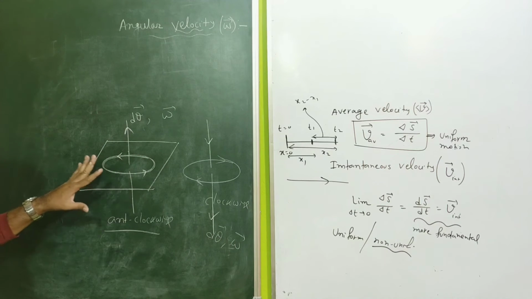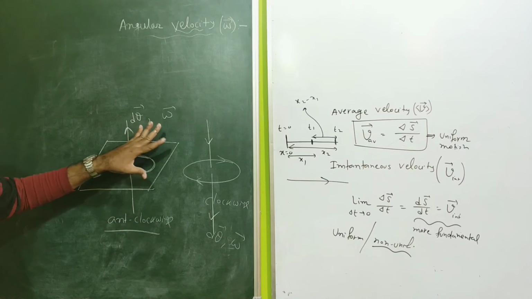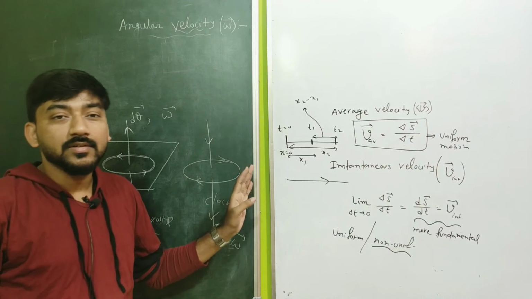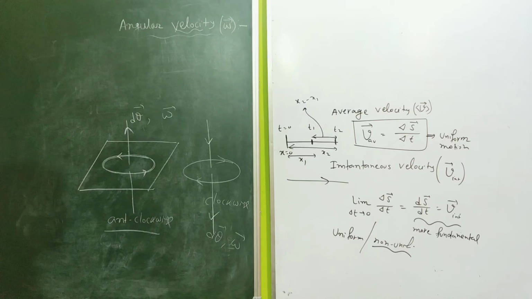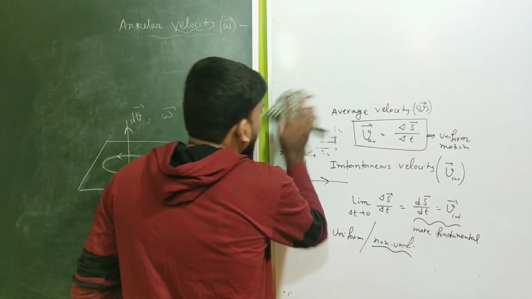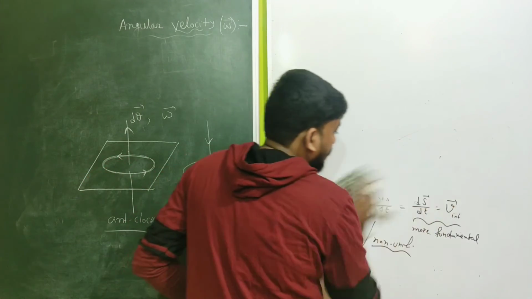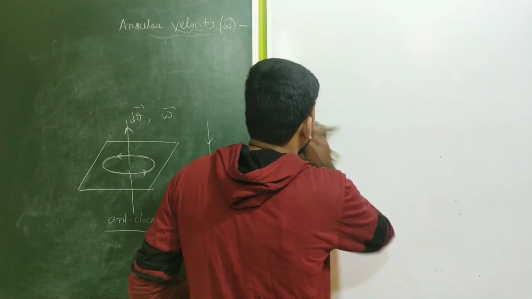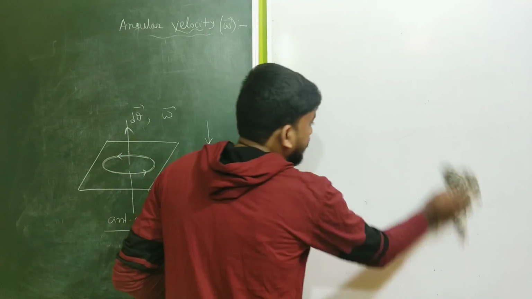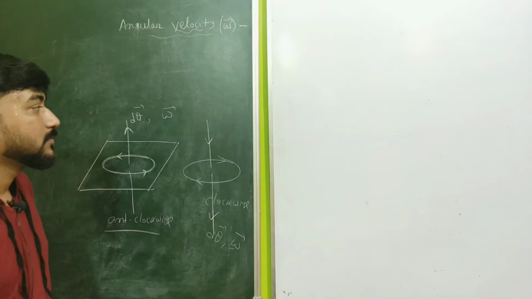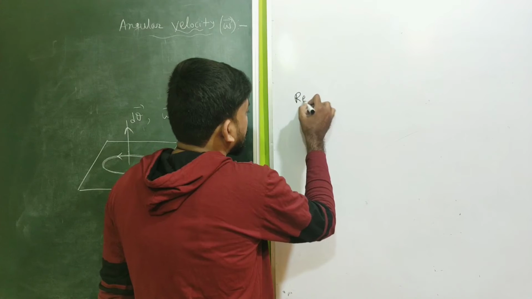Now, what is the relation between angular velocity and linear velocity? We have to see this. So let me discuss the relation between angular velocity and linear velocity.